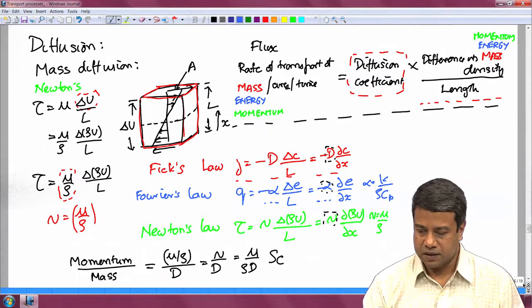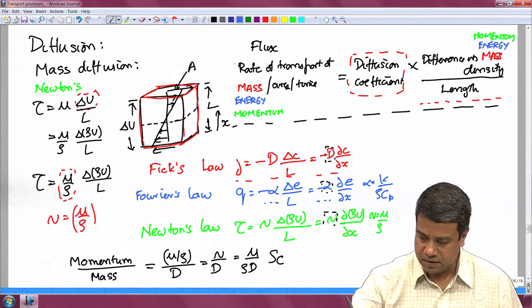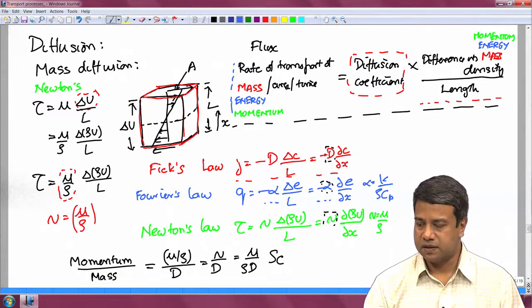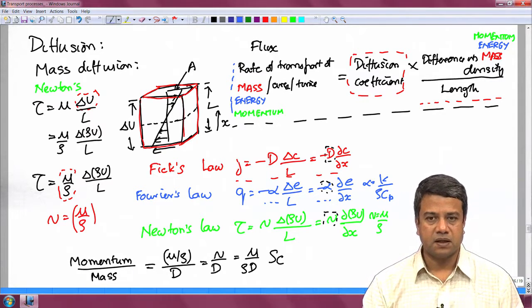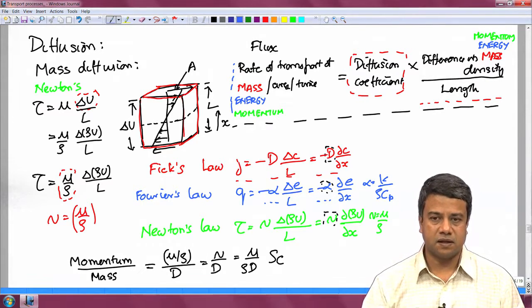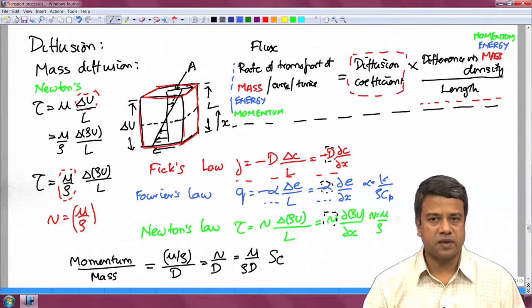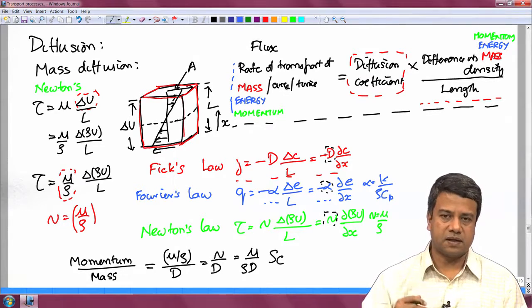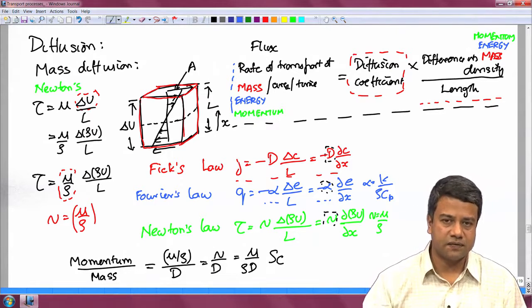And the flux, which is the rate of transport per unit area, per unit time, can be written as a diffusion coefficient times the difference in the density of whatever is diffusing, the density of mass, the density of momentum or the density of energy, divided by a length, the cross stream length across which there is a variation.